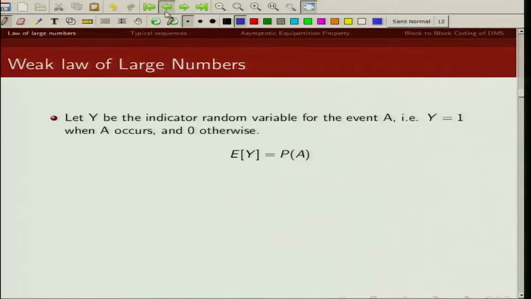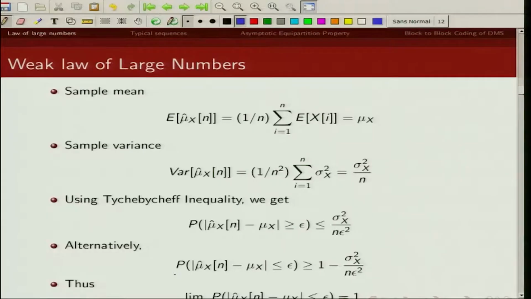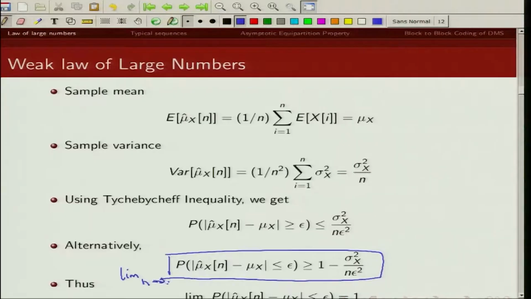So that essentially shows that when we take the limit n tends to infinity, the probability that the absolute difference between mu hat of x and mu x is less than or equal to epsilon will basically become 1, because this term will go towards 0, so this probability will be almost equal to 1.